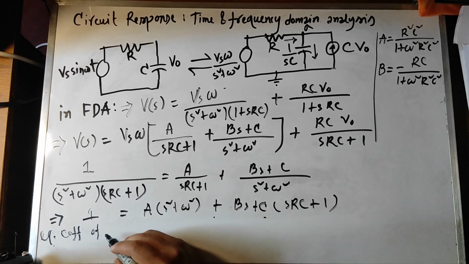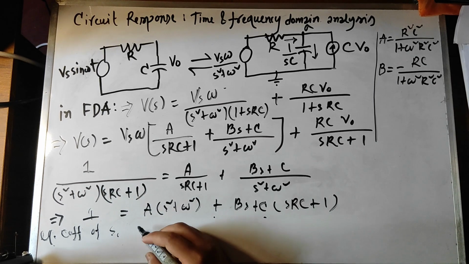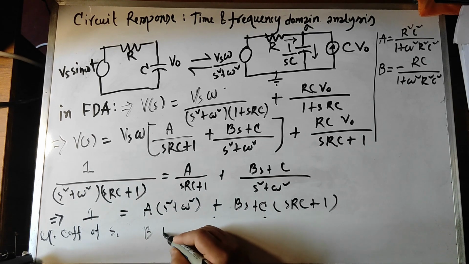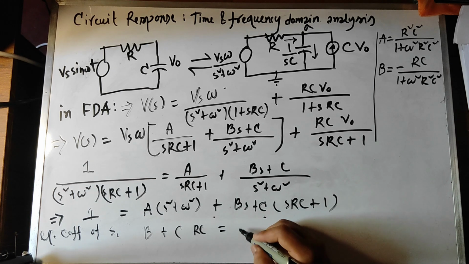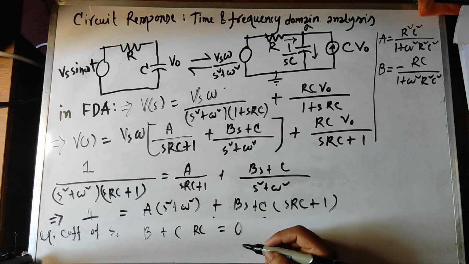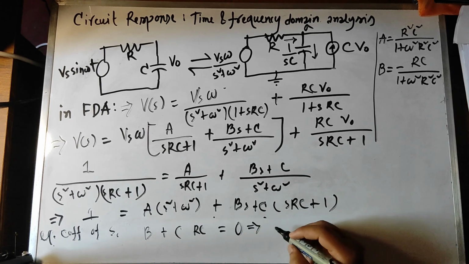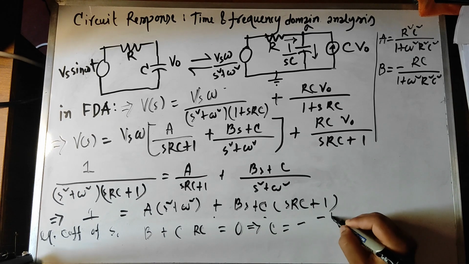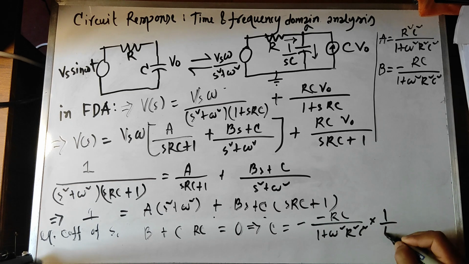let us equate coefficient of s. So b plus c rc equals 0, which will give us c equals minus rc by 1 plus omega squared r square c square cross 1 by rc.